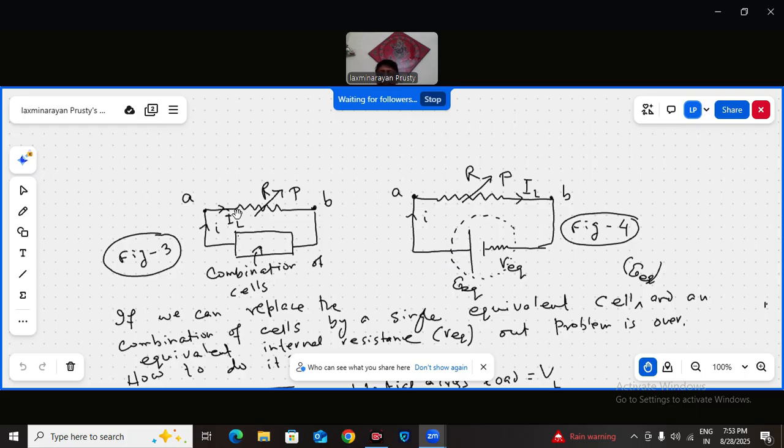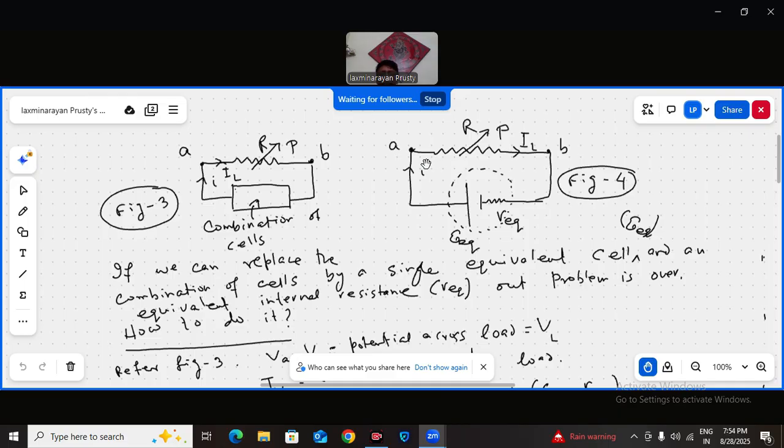Such that whatever load current is flowing across this load, with potential difference VA minus VB, we call that VL. Whatever IL is flowing, the same IL should flow, so the same potential difference VA minus VB.